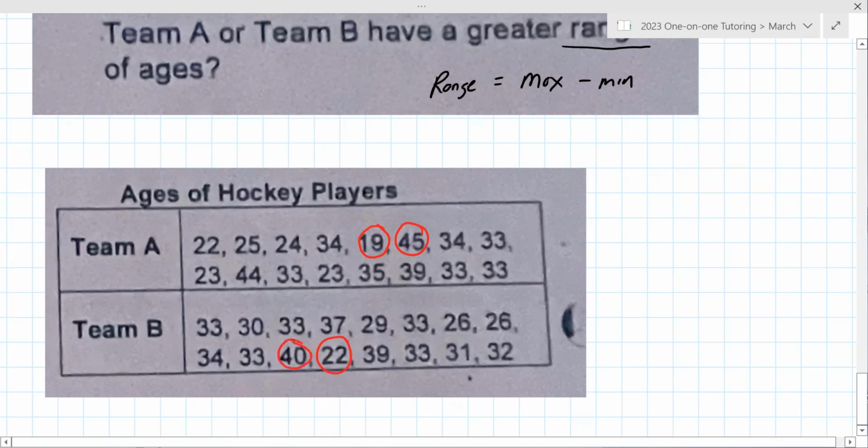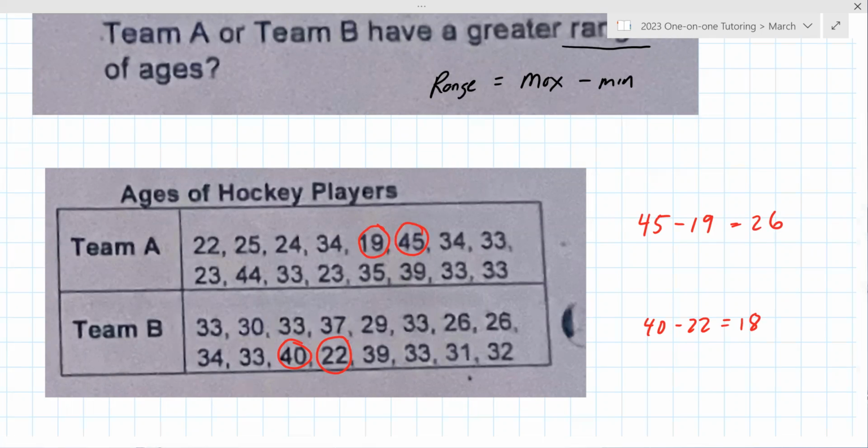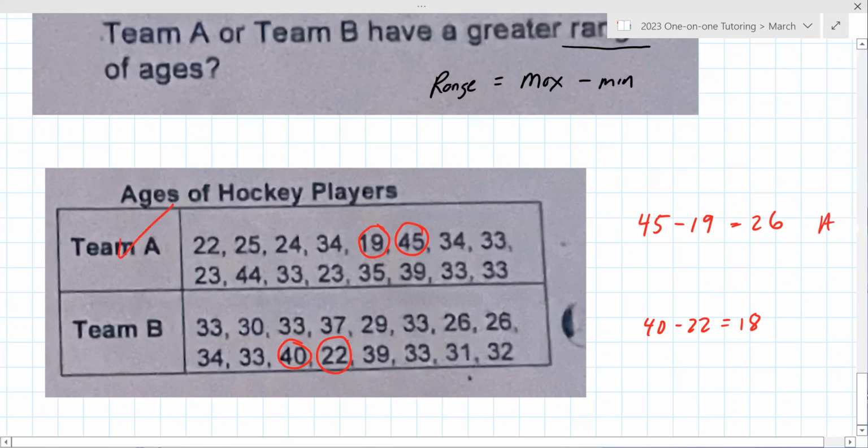And 40. Yeah. Any questions on that? Looks like it's A. A is the winner.